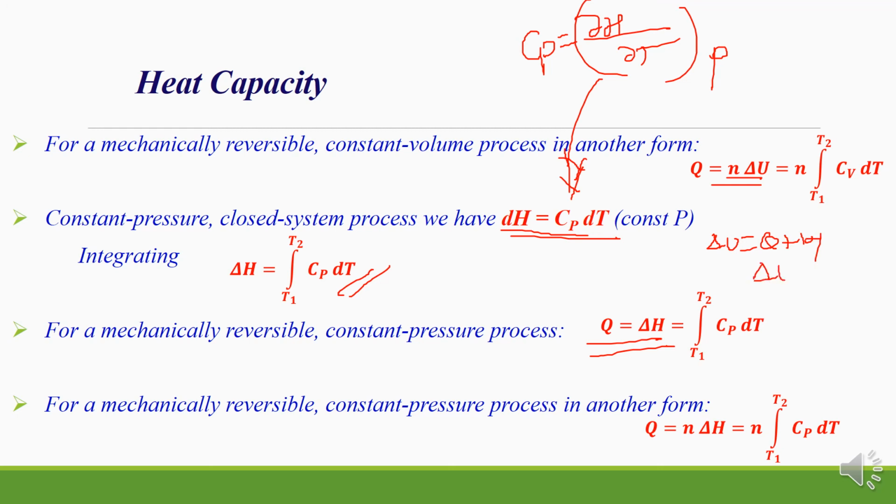So it is delta U is equal to Q minus P delta V, right? If you add this here, Q is equal to delta H you will get, because internal energy plus P dV, that is delta H. So this is added here. This is very simple. So another form, if you see for n number of moles, n is added here. So this simple equation is possible at the end.